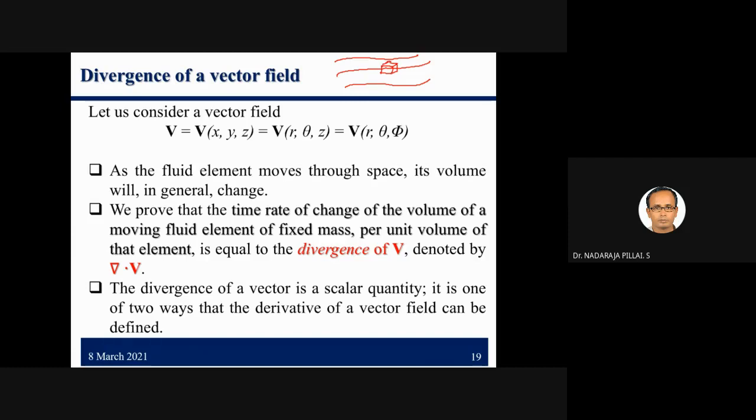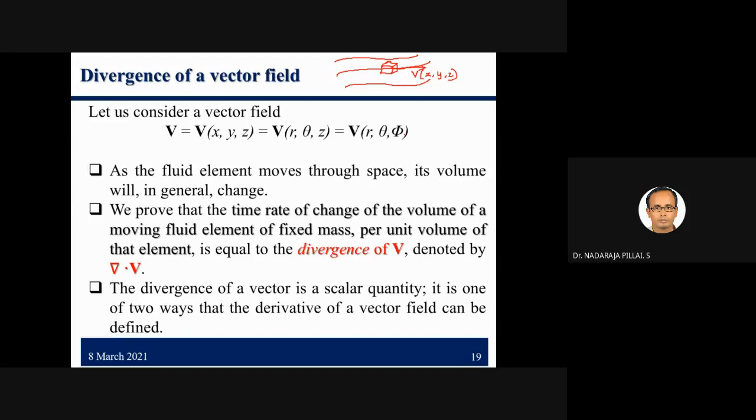The fluid element moves at a particular velocity, which can be represented by v in x, y, and z. Since it is a vector, we can represent this nicely in x, y, z, r, theta, z, and r, theta, phi in the case of the respective coordinate systems.